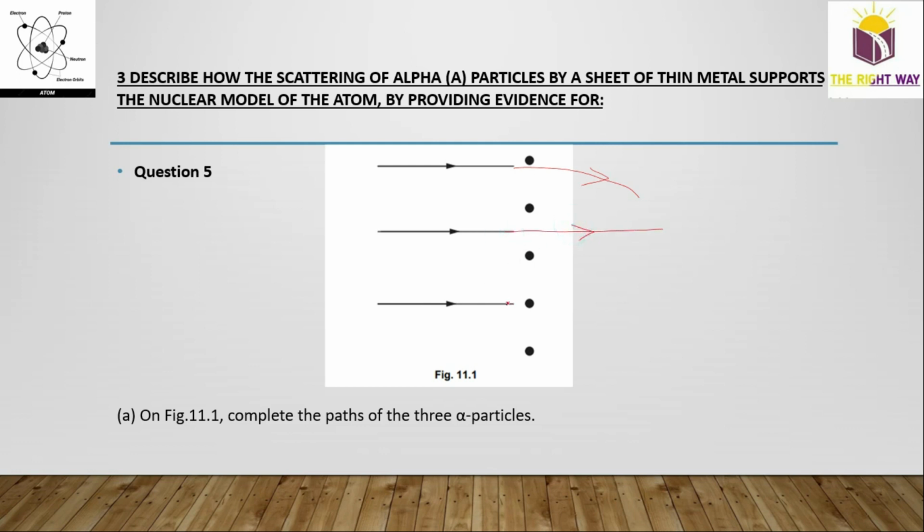The one moving toward the nucleus will go back. This is the shape you have to draw. The one going close to the nucleus will deflect. The one going away from the nucleus will pass straight through. The one going toward the center of the nucleus will reflect back.